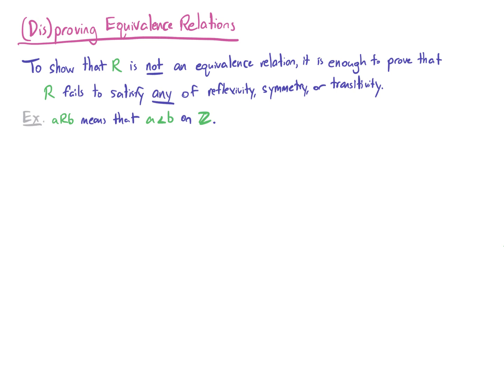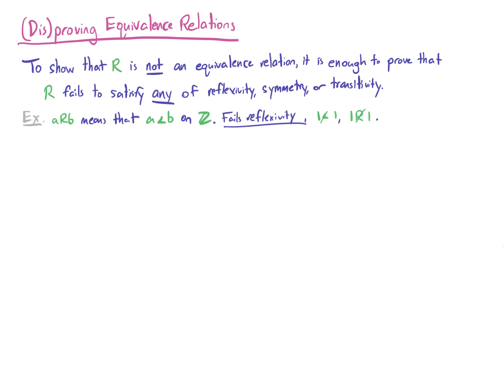So this particular one fails reflexivity. And this is because, for example, 1 is not less than 1. That's not true. And so it follows that 1 is not related to 1.